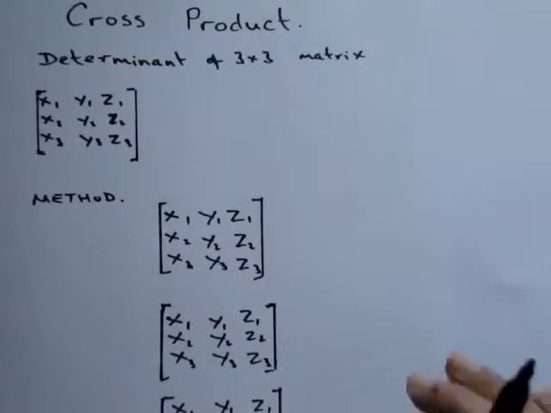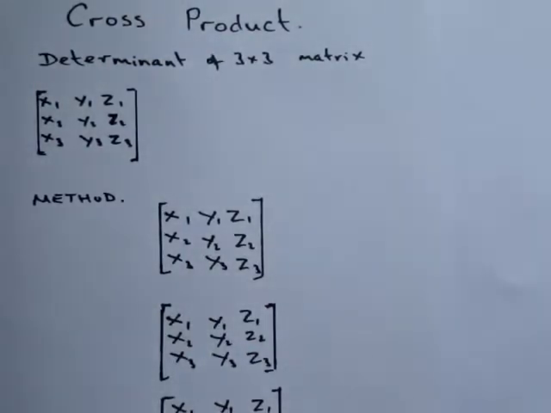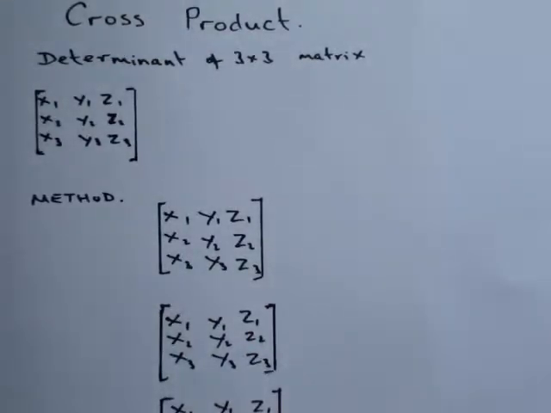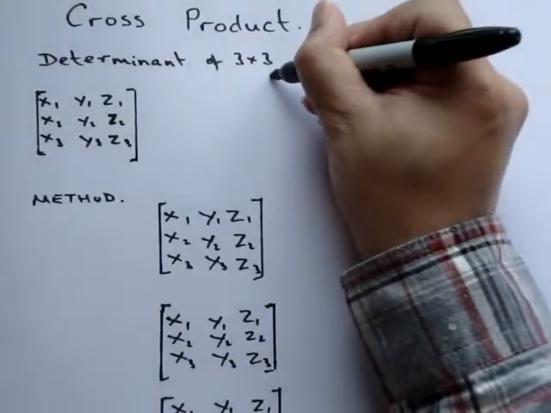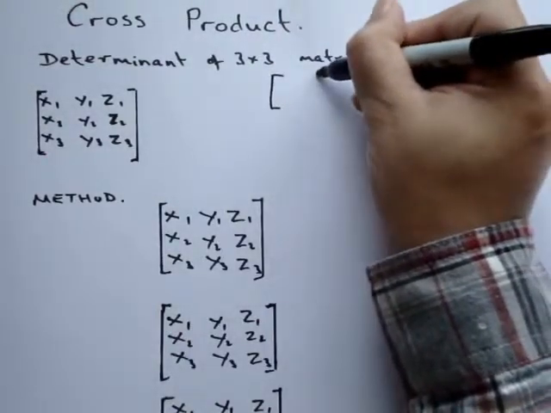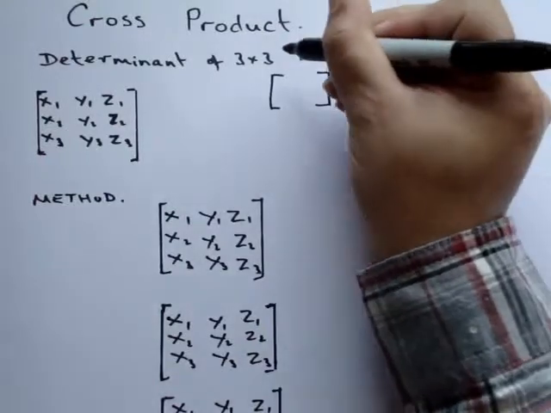Let's go over the easiest method to remember when doing the cross product. The cross product is the determinant of a 3 by 3 matrix. So let's just have a quick go at finding the determinant of a 2 by 2.